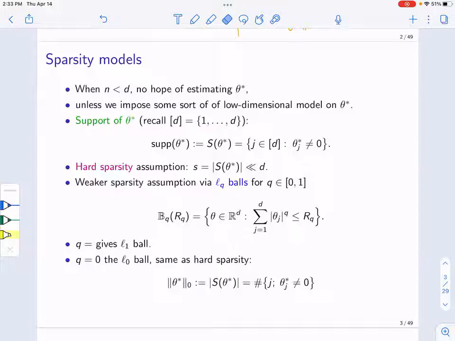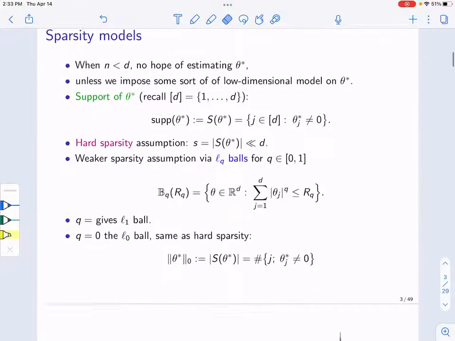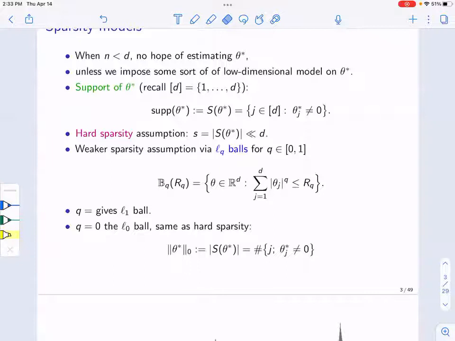If you recall, the Lp norm of a vector, or if you want the Lq norm, is defined to be something like this. You take the absolute value of the elements to the power q, sum them, and then raise to the power of 1 over q.